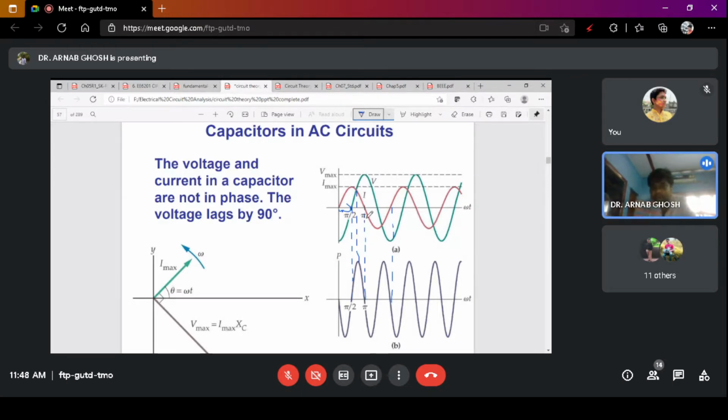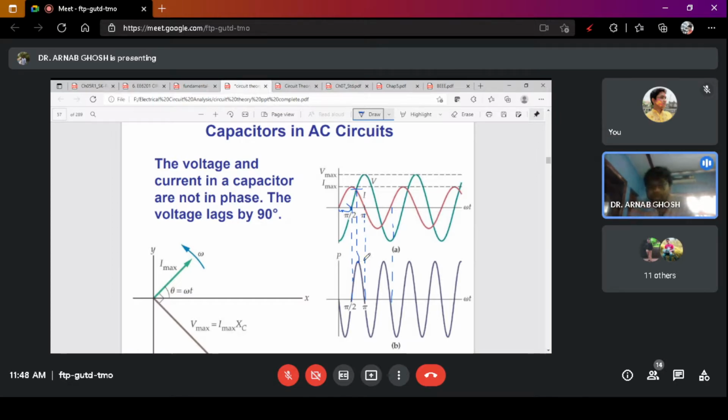Similarly, at this point, you have the current as 0, but you have a voltage, so your power is again equal to 0. Only at the time interval when the voltage and the current curve both are present and they are intersecting with each other, at that point, you are having the maximum power.